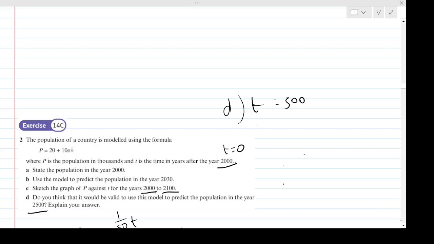If I then substitute that into P, then P is going to be 20 add 10 of e to the 50th of 500.